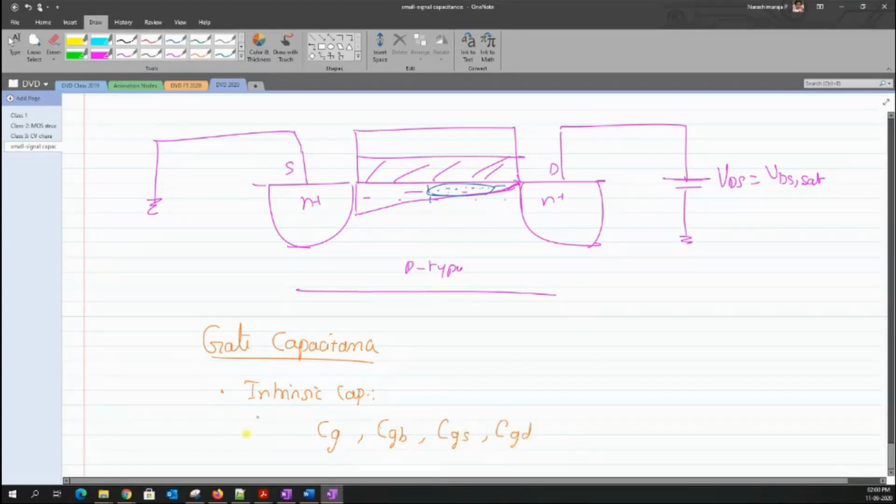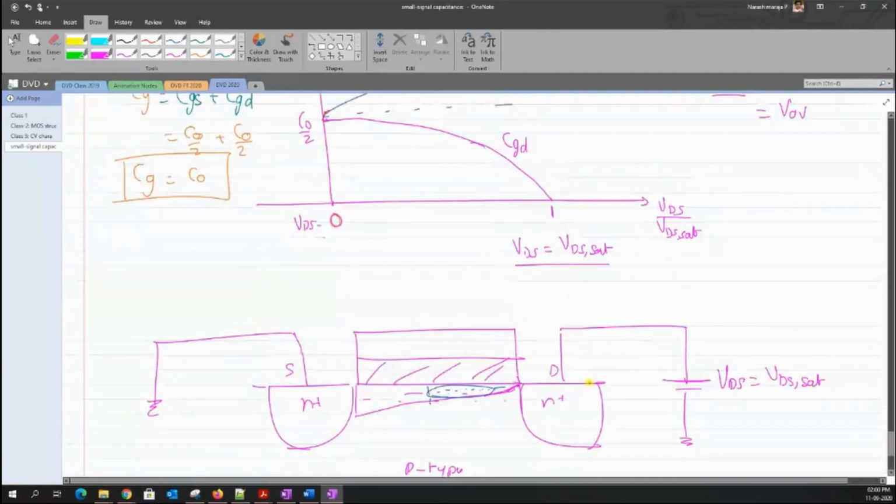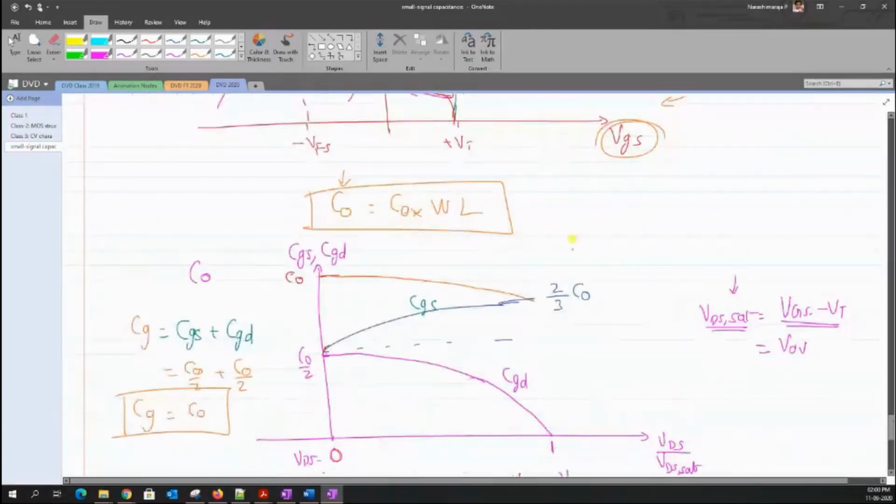All of these with respect to both VGS and VDS, whatever we discussed so far, come under the topic of intrinsic capacitance. And this intrinsic capacitance is a function of potential, both VDS as well as VGS, clear? That is what I was trying to show in both these graphs, number 1 and 2.